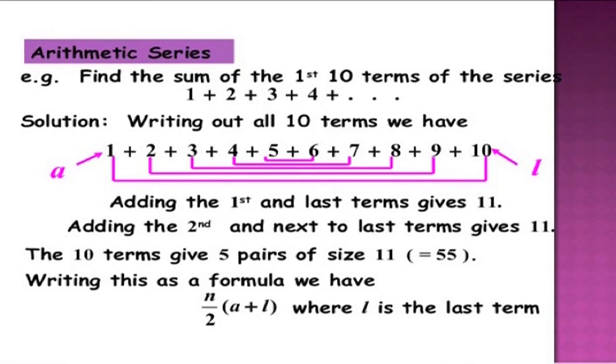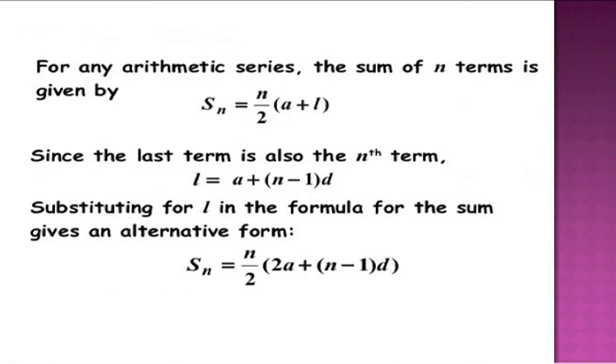When we write this as a formula, we have n by 2 (a plus l), where l is the last term. For any arithmetic series, the sum of n terms is given by Sn is equal to n by 2 (a plus l).